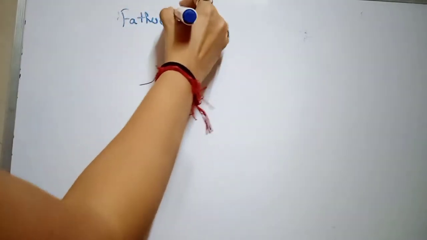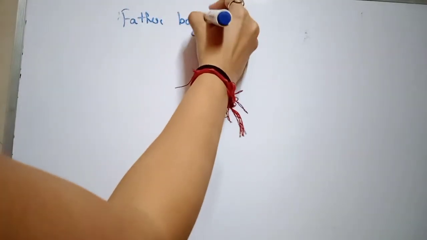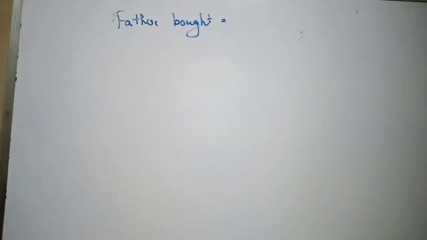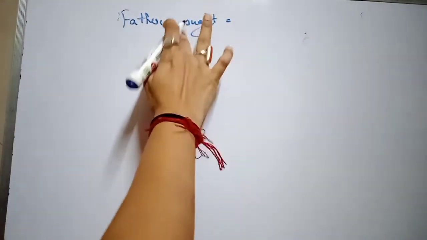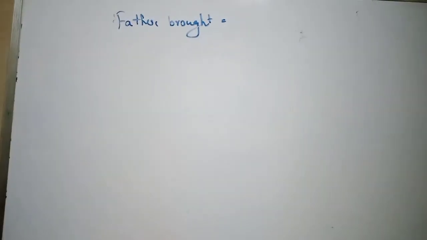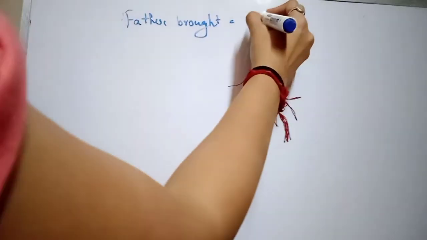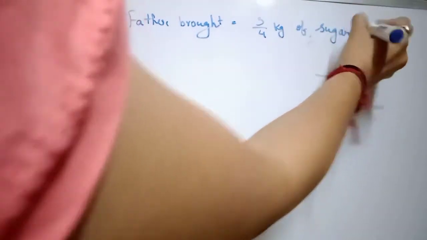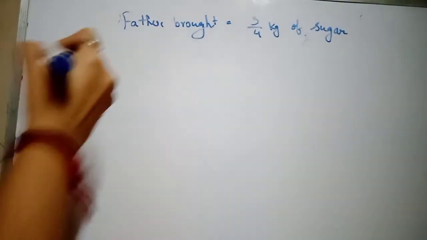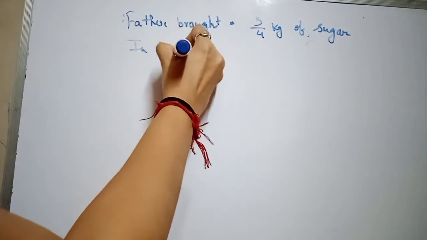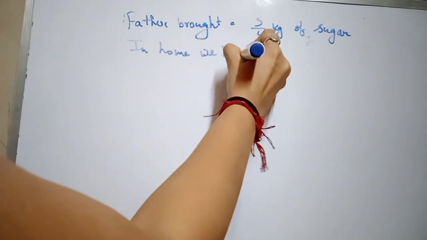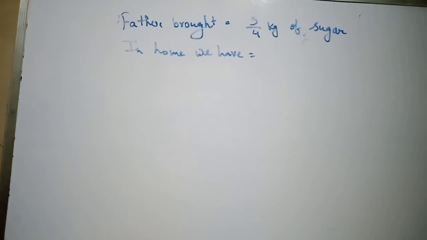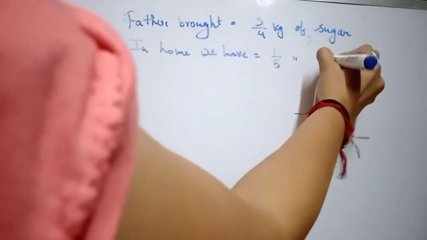So father bought 3/4 kilogram of sugar and already we have 1/5 kilogram of sugar at home. So we have to find the total sugar at home. In home we have 1/5 kg of sugar.